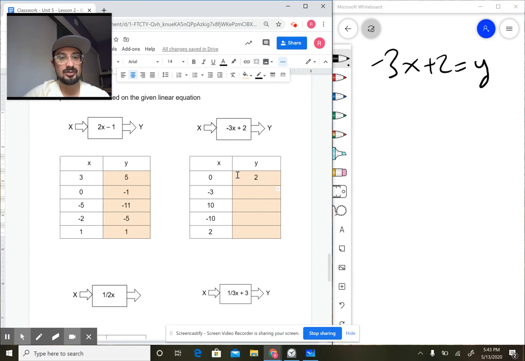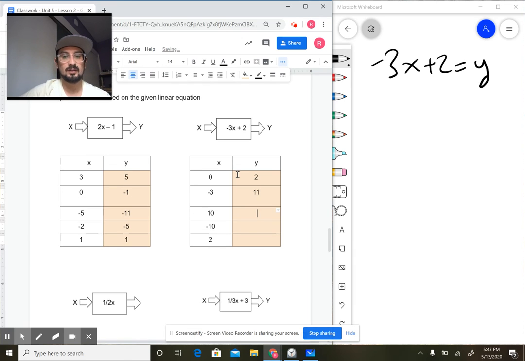So here, -3 times -3 would be 9, plus 2 would be 11. -3 times 10 would be -30, plus 2 would be -28. And then negative 10 times negative 3 plus 2 would be 32. And then negative 3 times 2 plus 2 would be negative 4.